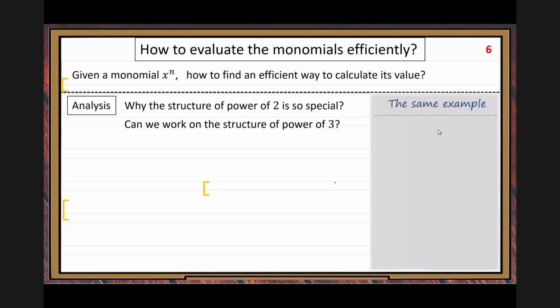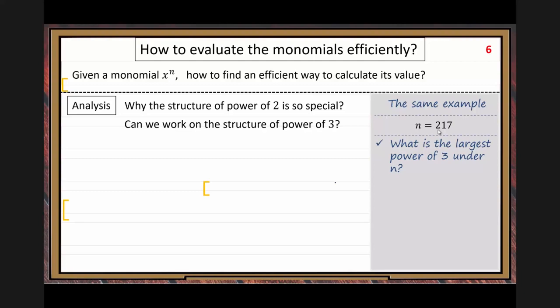Let's consider the same example, n equals 217. But this time, we use power of 3 as our base structure. We replace power of 2 by power of 3 as our base structure. What is the largest power of 3 under n?